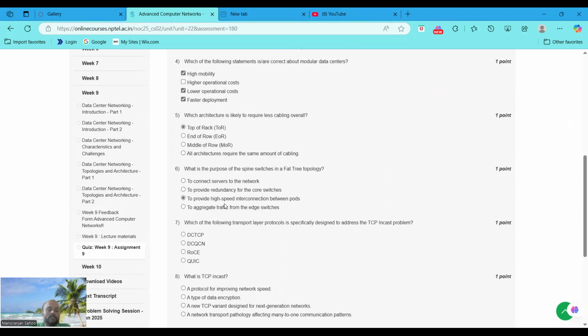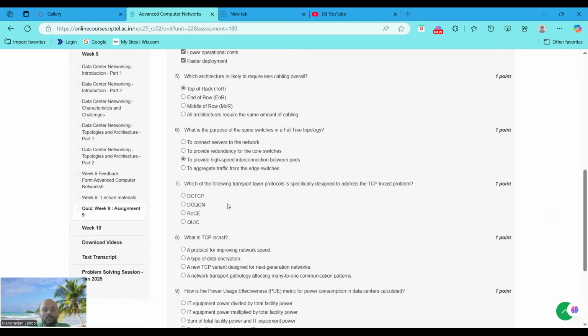Then moving to question number 7. Which of the following transport layer protocols is specifically designed to address the TCP incast problem? That is DCTCP, option A. TCP incast occurs in data centers during many-to-one communication, causing throughput collapse due to buffer overflow.